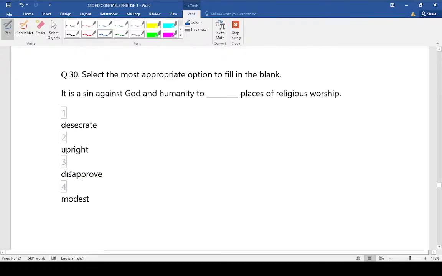Select the most appropriate option to fill in the blank. It is a sin against God and humanity to dash places of religious worship. So here when it comes to desecrate, meaning is treat with disgrace or violate. Upright means here we can say honorable, be honest.